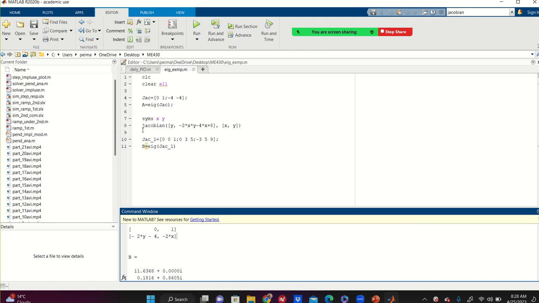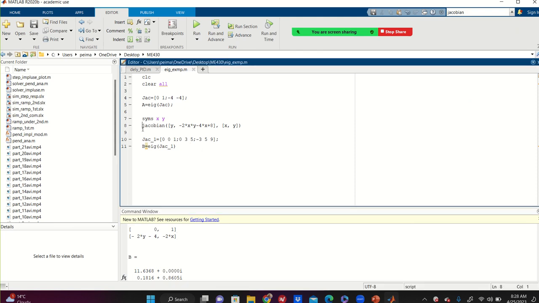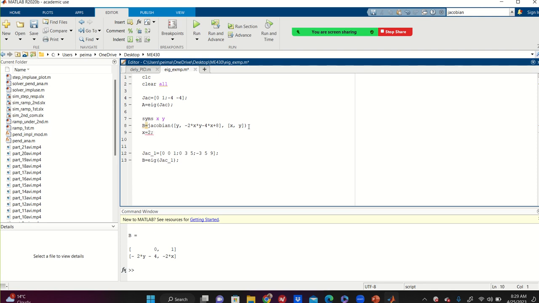Now I want to find the value of the eigenvalue. I'm going to say matrix B. Okay, look here, and let me remove this from here. So I say your matrix B is this. What I'm going to do is put in some values. I'm going to say your equilibrium point x is equal to 2, and the equilibrium point of y was 0.